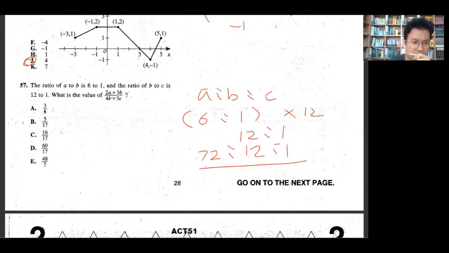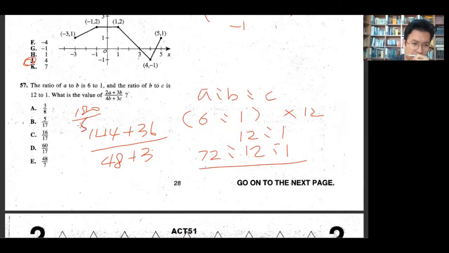So we plug that in. 144 plus 3b over 4b is 448 plus 3. So 180, 51. 180, 51 divided by 3, 61, 7. D.